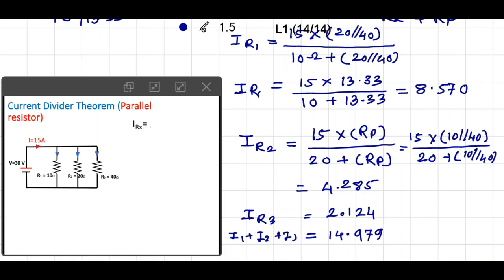So this way you can solve it. Remember that this Rp is actually a parallel combination of the resistances which are parallel to the resistance through which we are measuring the current. So this care should be taken.